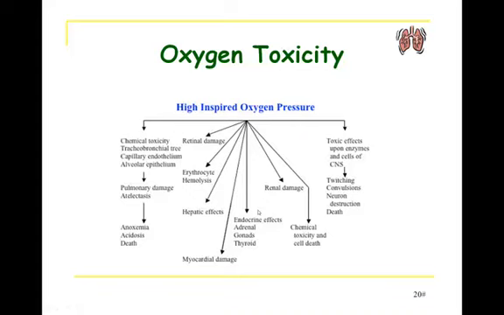It can lead to generation of oxygen-derived free radicals. The issue is that it can cause damage of the respiratory membrane. It can damage a lot of different organ systems, and affects a lot of different cells in the central nervous system.